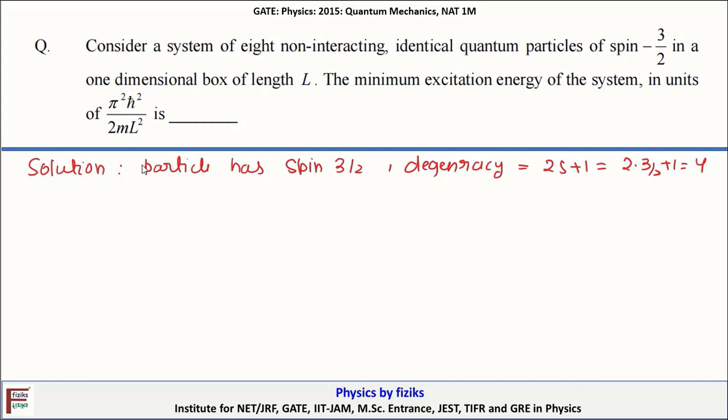So in the ground state there are 4 eigenstates. For n equals 1, there are 4 eigenstates, and similarly for n equals 2 and n equals 3.